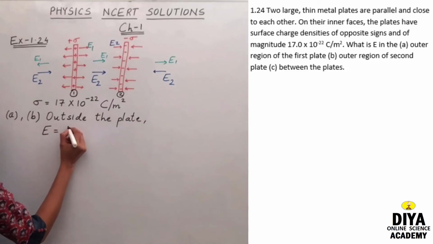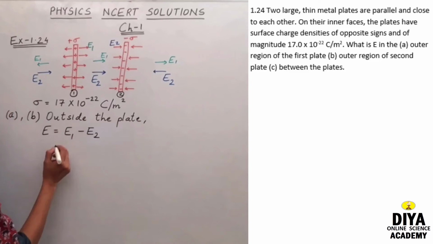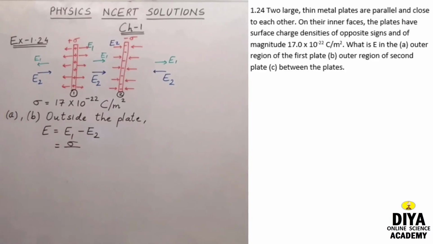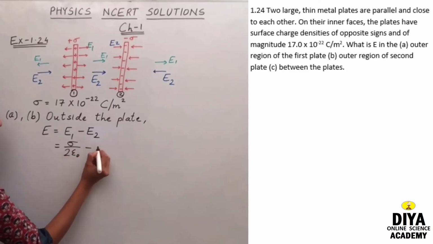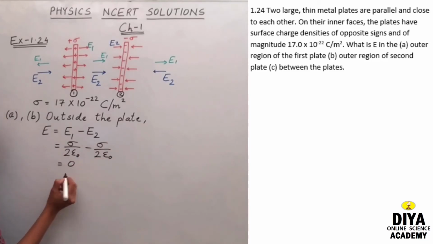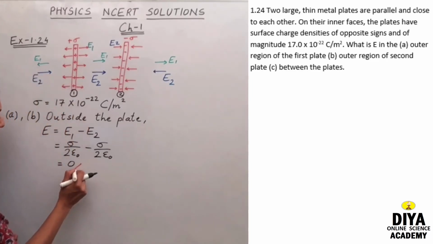E equals to E1 minus E2, right? Equals to sigma upon 2 epsilon 0 minus sigma upon 2 epsilon 0. That means it would be 0. This is the case for A and B. So A and B both have the same answer.